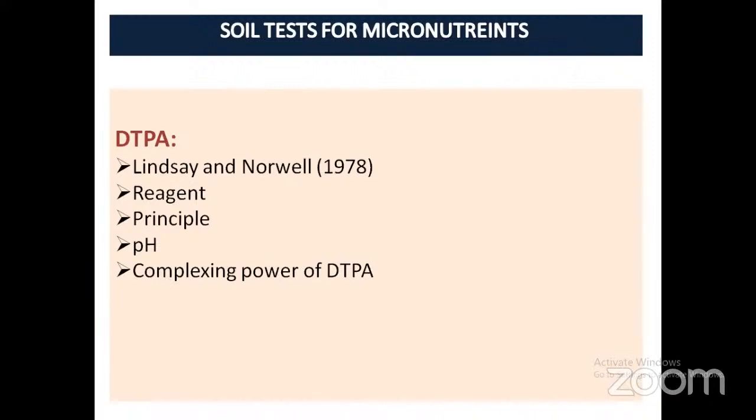Now coming to calcium chloride, why are we adding calcium chloride in it? Initially, when Lindsay and Norvell gave this DTPA method, they gave it for calcareous soil, and in calcareous soil, calcium carbonate is there. So the challenge was to check the excess dissolution of calcium carbonate. प्रॉब्लम ये थी कि जब DTPA डाल रहे थे तो कैल्केरियस सॉइल का कैल्शियम कार्बोनेट सोल्यूशन में आ जा रहा था. तो सोल्यूशन में अगर हम पहले से ही कैल्शियम का कोई सोर्स डाल के रखेंगे तो सॉलिड फेज से कैल्शियम नहीं आएगा.